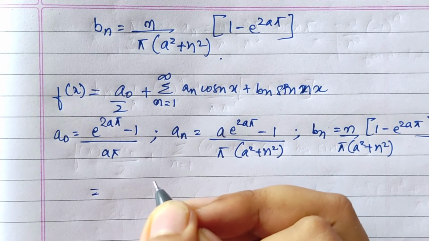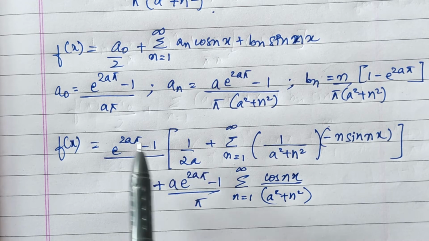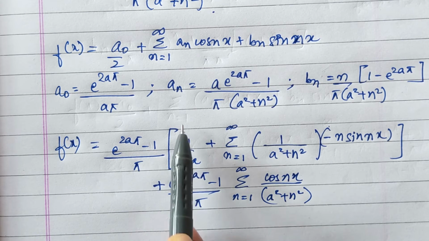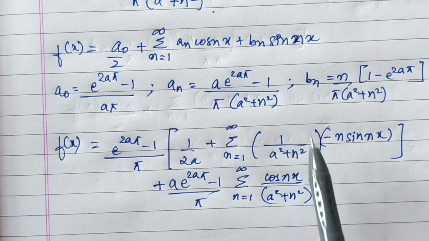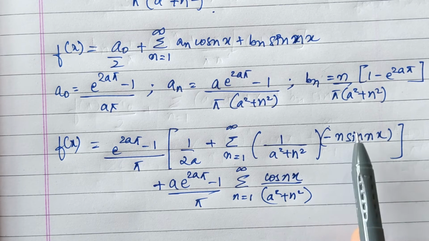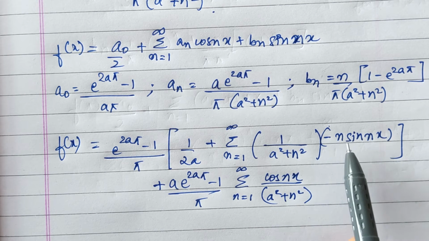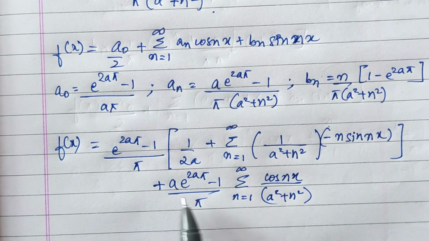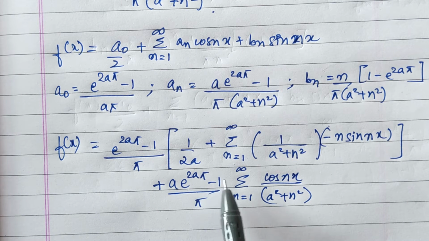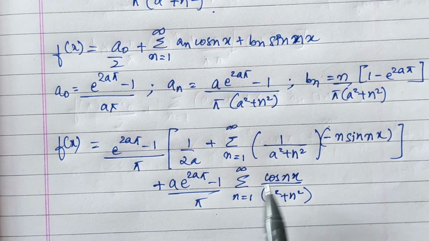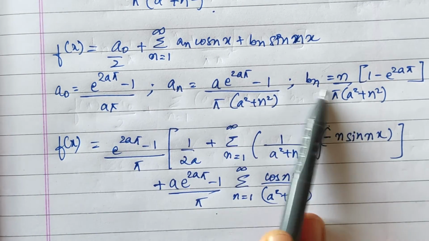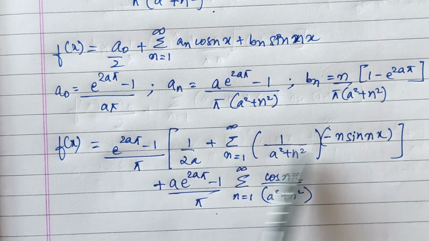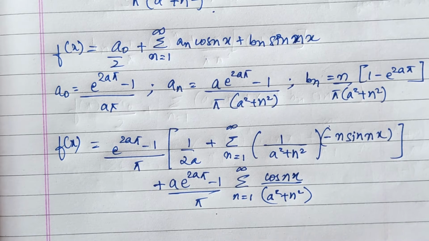So finally we'll get f of x is equal to e power 2a pi minus 1 divided by pi into 1 by 2a plus summation of n is equal to 1 to infinity 1 divided by a square plus n square into 1 into minus n sin nx plus a into e power 2a pi minus 1 divided by pi into sigma n is equal to 1 to infinity cos nx divided by a square plus n square. So basically we are just substituting all these values in this equation. That's it. And if you want to do a little bit of grouping here and there, that's also fine, but you can just keep it as it is as well.